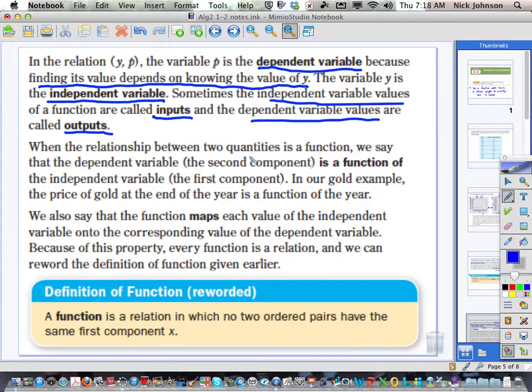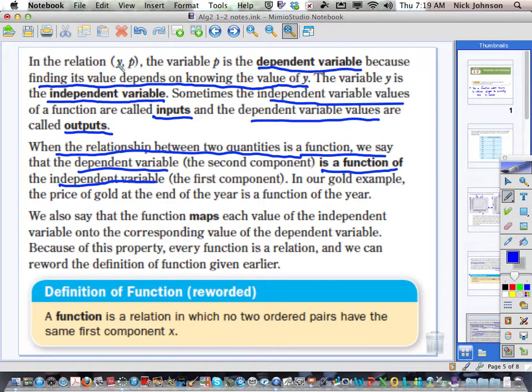When a relationship between two quantities is a function, we say that the dependent variable, notice this wording, because this is where a lot of people get mixed up, is a function of the independent variable. Watch this wording. We say that the dependent variable, that's the second component, is a function of the independent variable.